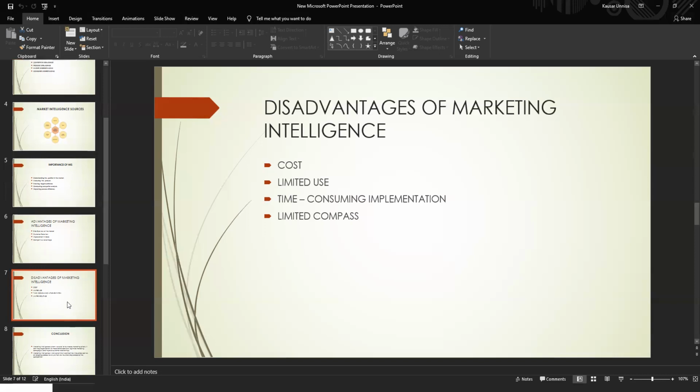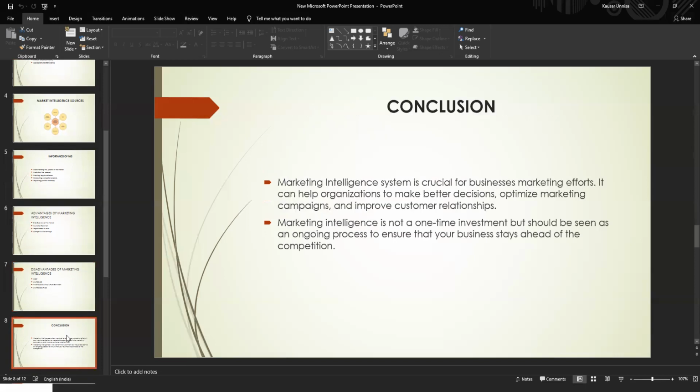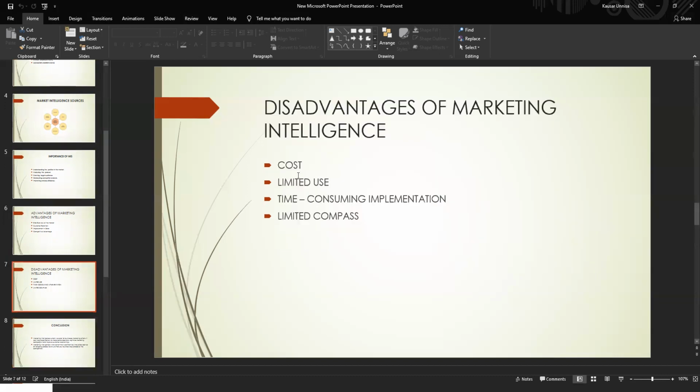Those are the disadvantages, and how it is not helpful. First, it is too costly. Whatever information we have gathered, its usage is very limited, and it is time consuming to implement, to gather, and to analyze.